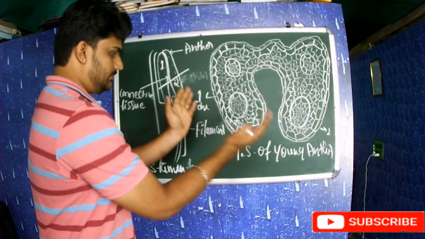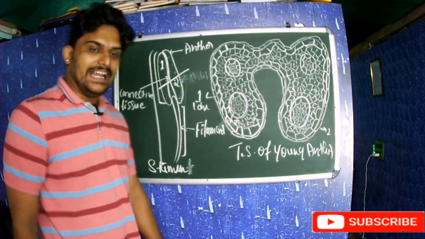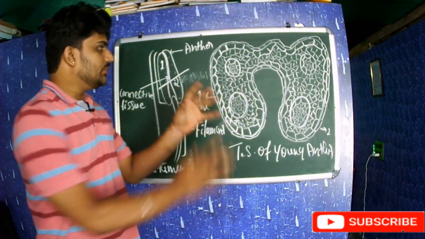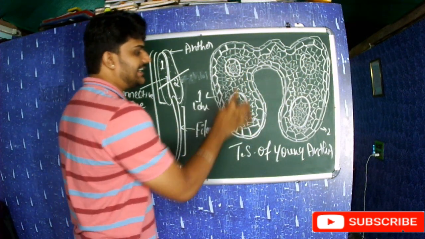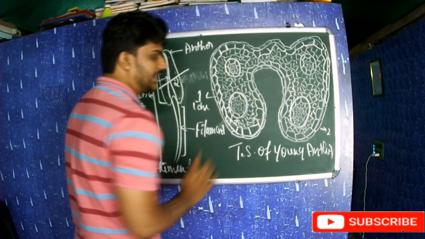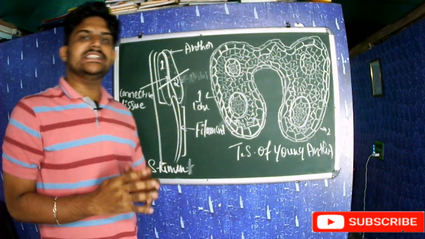As this is the structure of the TS of a young anther, inside the microsporangia there are small cells you are looking at. They are known as sporogenous tissues.